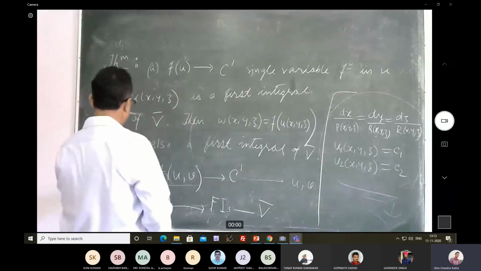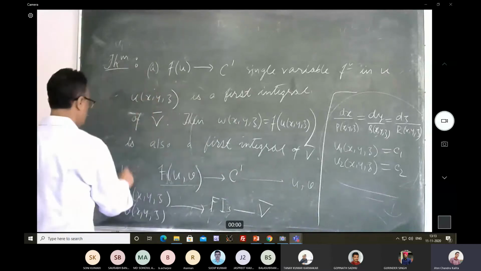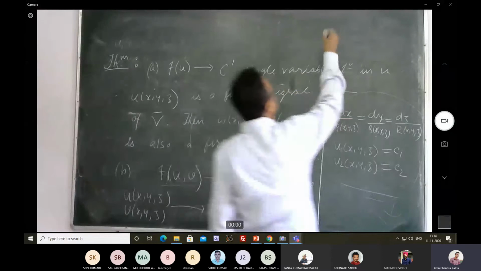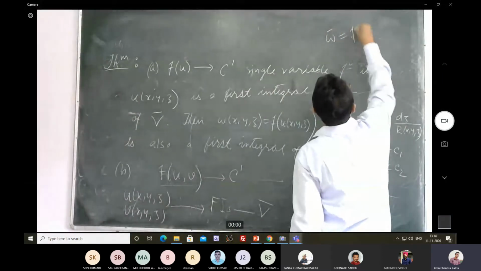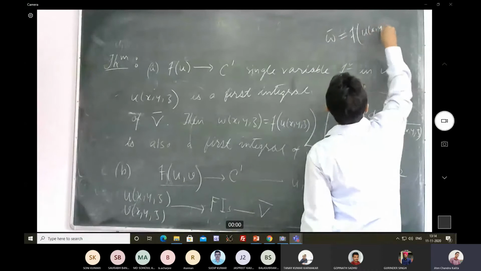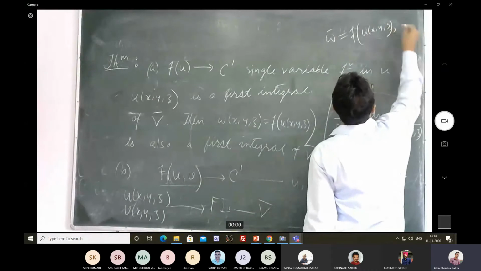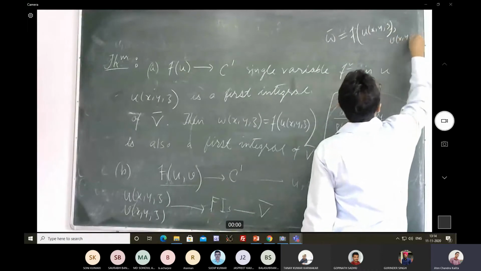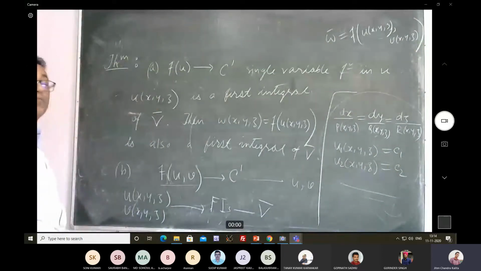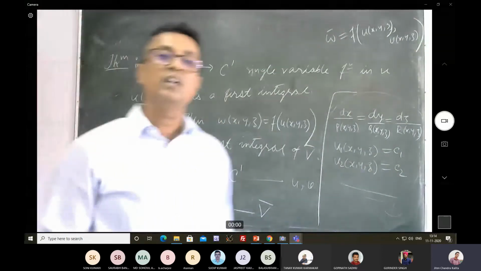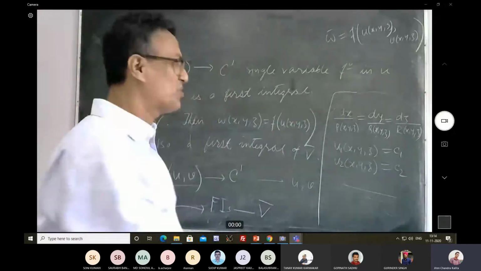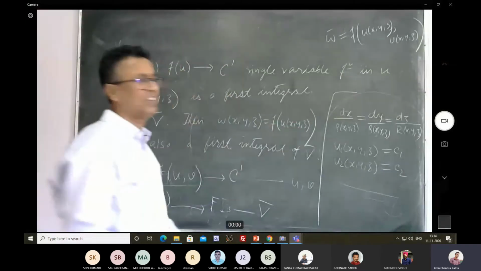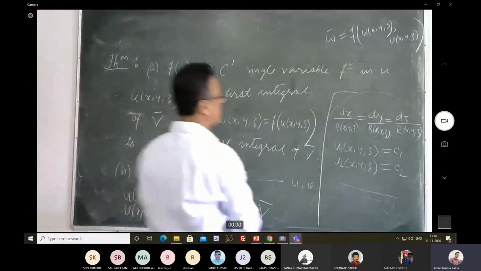Maybe call this new function w, equal to f of u(x,y,z) comma v(x,y,z). So this is also a first integral of what? V. Okay. I'll just give you a hint of only the second one, and the first one will easily come out.